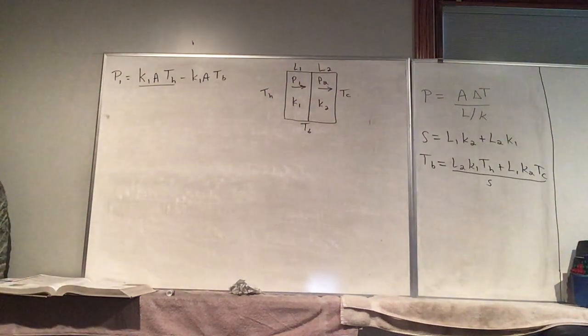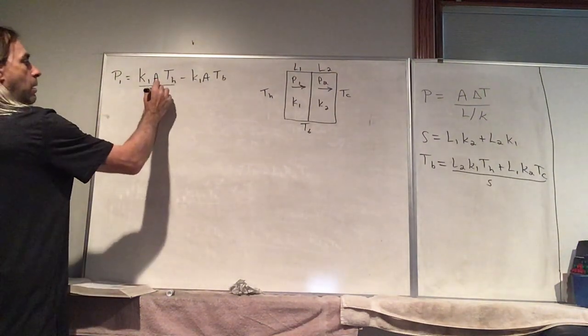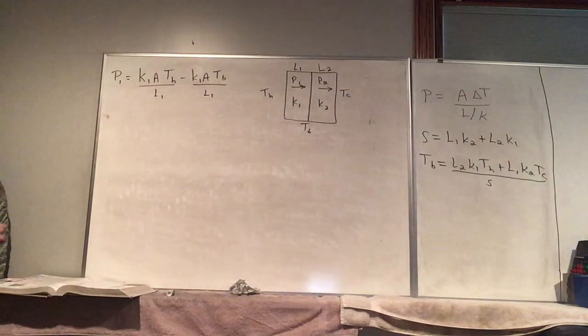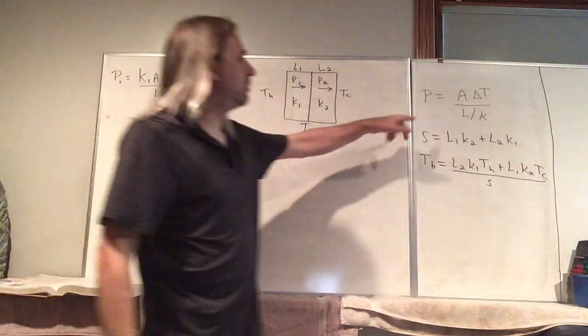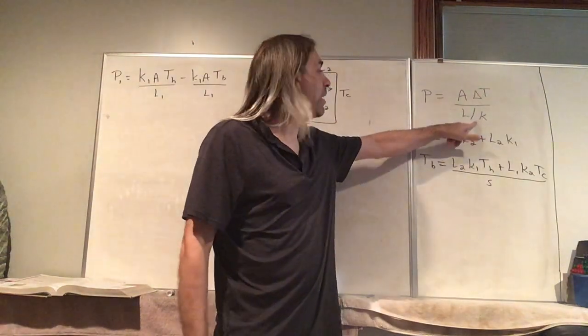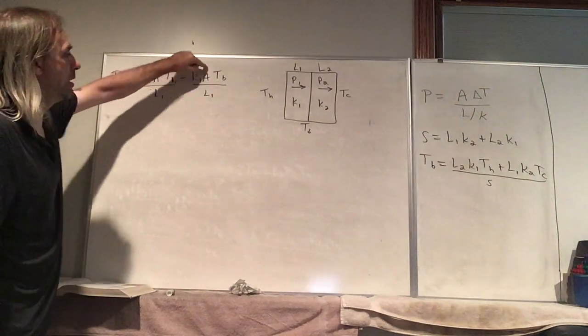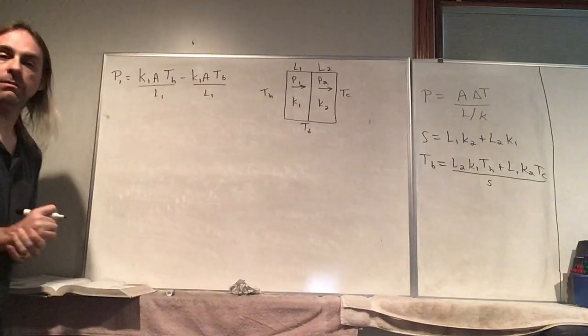I think we'll try it like this. So we have P1. We'll move the K on top for now. We have K1A over L1. That's these, and then TH minus TB.